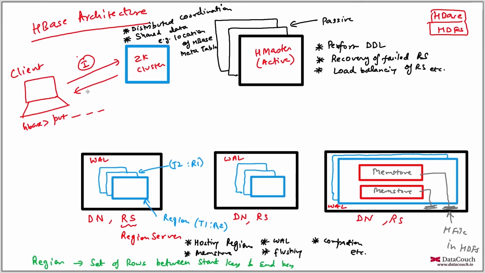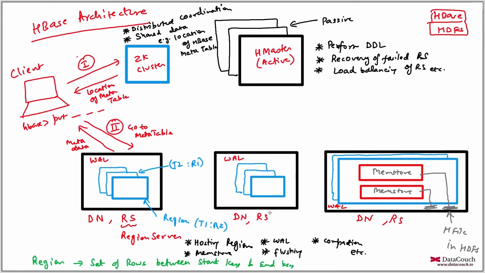This will give you the location of the meta table. Once you know the meta table location, step number two is to go to the meta table and retrieve the metadata. Now actual metadata is received from the cluster. And then the third step is, let's say in the metadata we got where the Bhavuk record is stored on the HBase cluster.